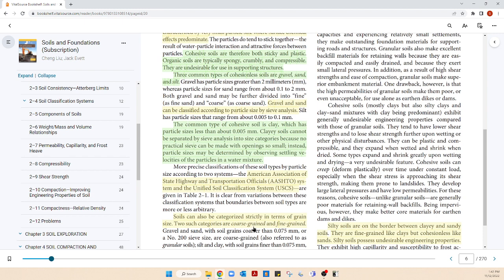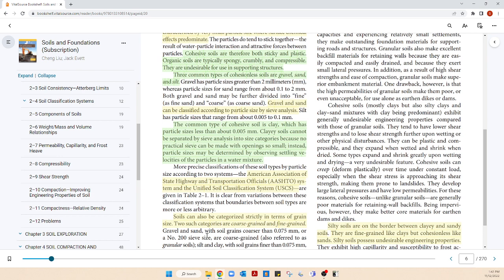Actually, in the AASHTO, anything larger than... if most of your material is more than, well, I'll wait till I get there. So the number 200 sieve is kind of the dividing point for classifying these soils.